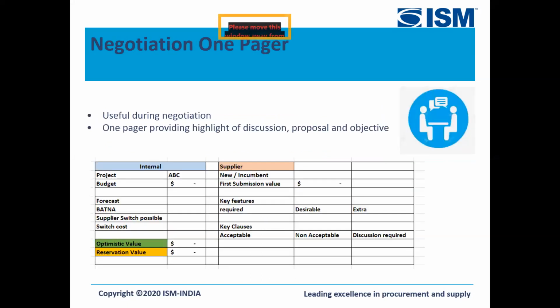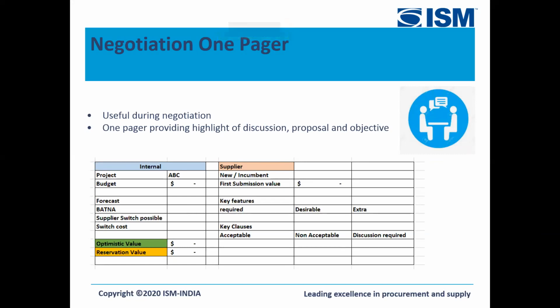Okay. Last thing is, this is one of the practices that you can use. This is also something not very standard, but a good thing to do. And this is a negotiation one pager. Normally when we have discussion with a supplier, it may be on telephone or face to face, or through any sort of video conferencing.